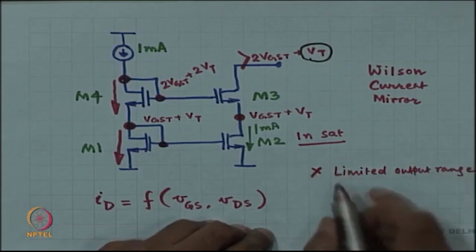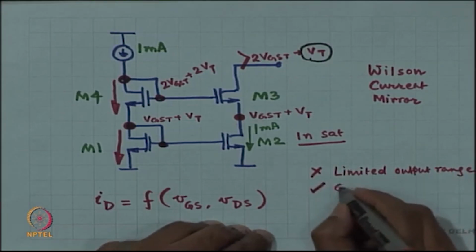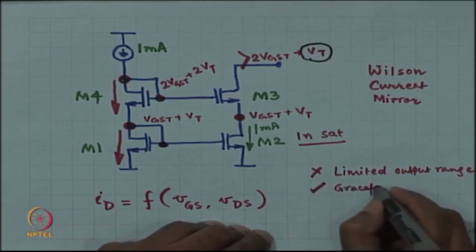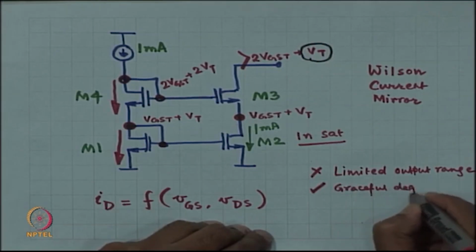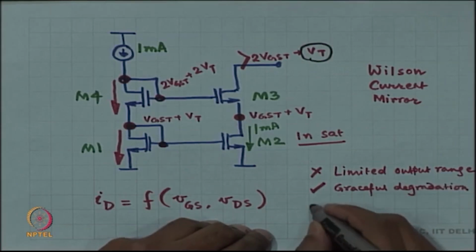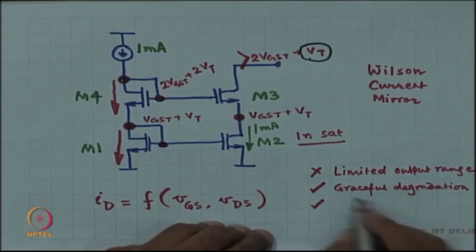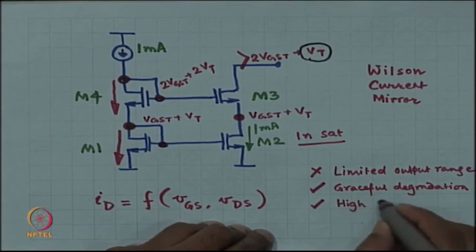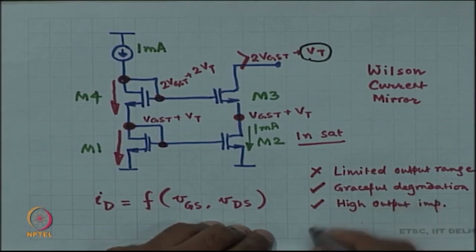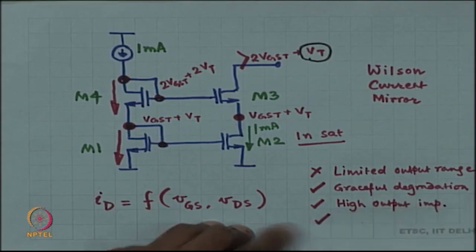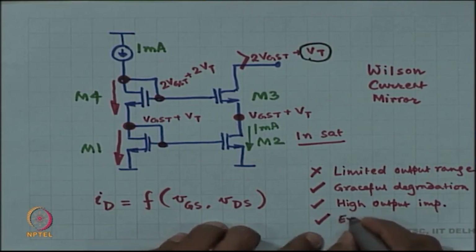So, this is a bad, then a good is graceful degradation. And then another good is high output impedance, and then another good is exact replica.